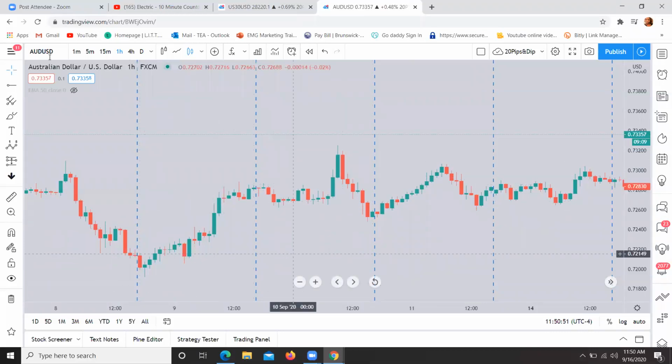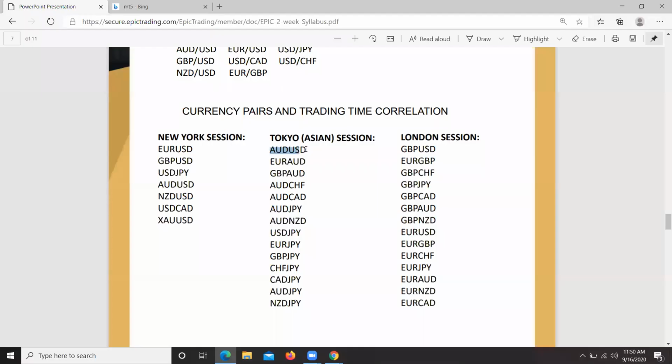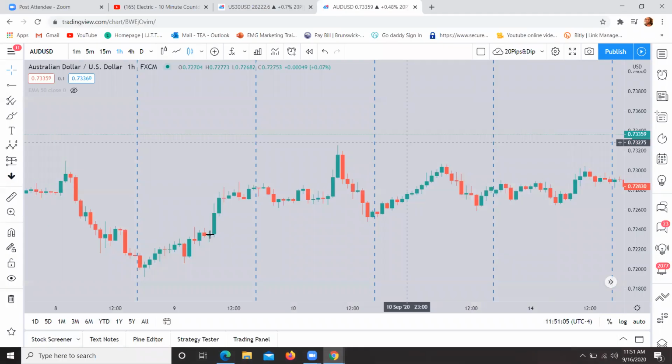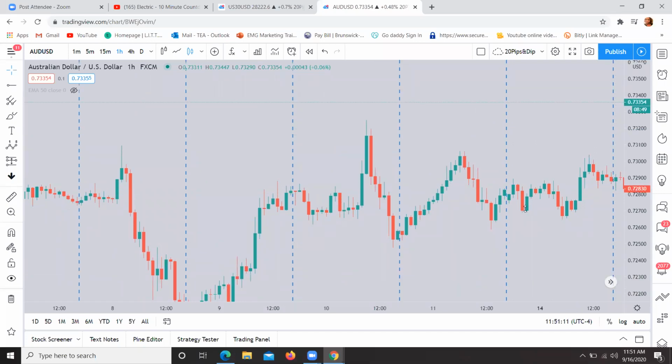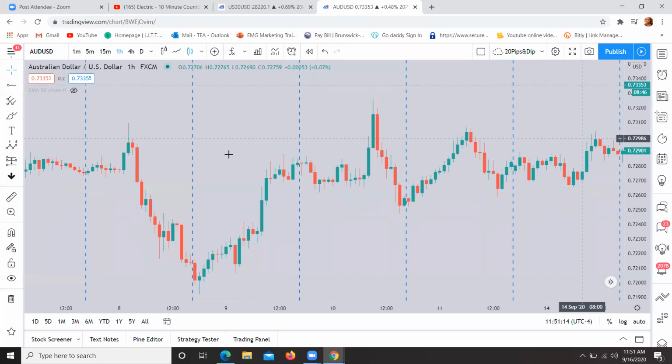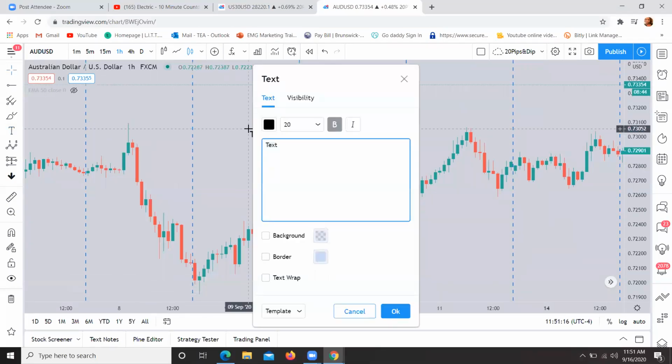So if I'm trading the Australian dollar, boom, boom, I know that it moves during New York and Asia. So what time does New York and Asia move? Okay, what time does New York and Asia move? Well, New York session moves starting at 8 a.m. Eastern.